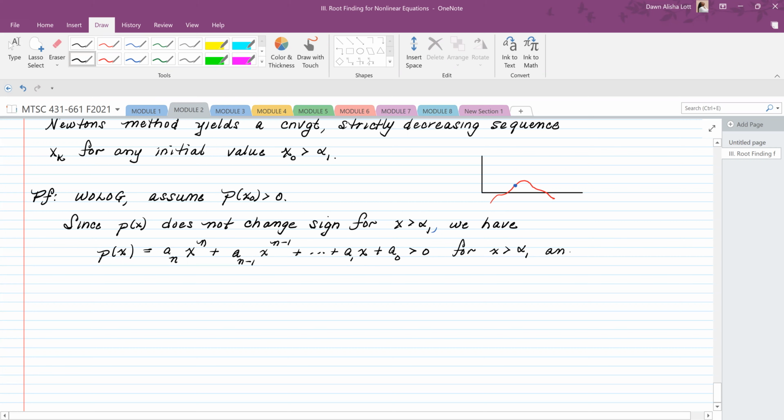And therefore a sub n is positive. Okay, so now the derivative P prime of X has n minus 1 real zeros.